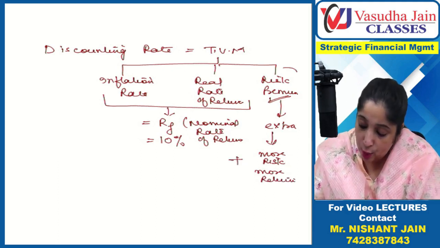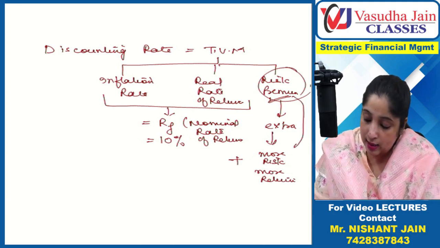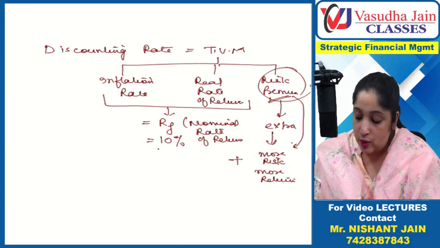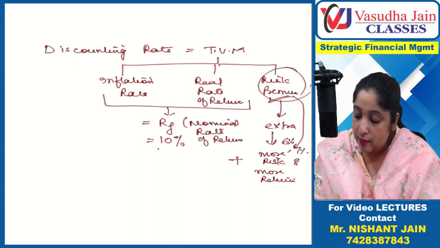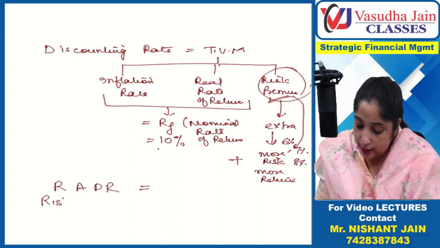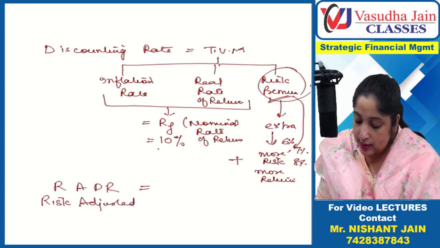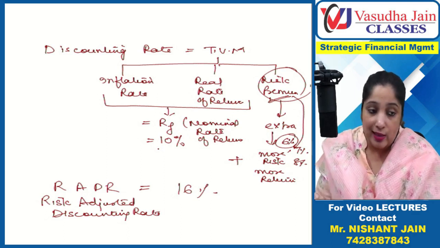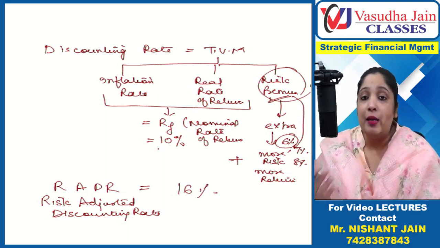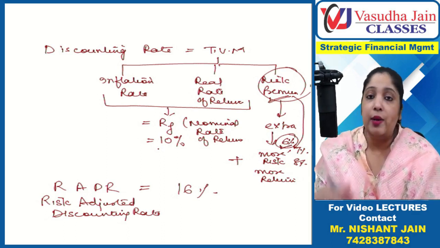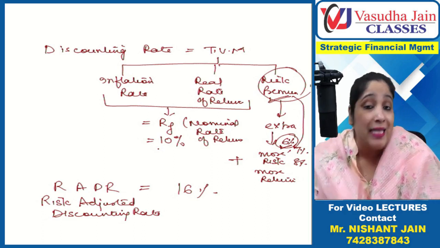So if we add this portion of return to this 10%, let's say 6%, 7%, 8%, whatever the return we want, keeping in mind the risk involved, this becomes RADR. RADR is what? Risk adjusted discount rate. Now if suppose I consider 6%, then the discount rate becomes 16%. Now this 16% is after including the risk portion, so it becomes risk adjusted discount rate. Now what is this 6%? This is the return I should get because I'm investing in a risky proposal.